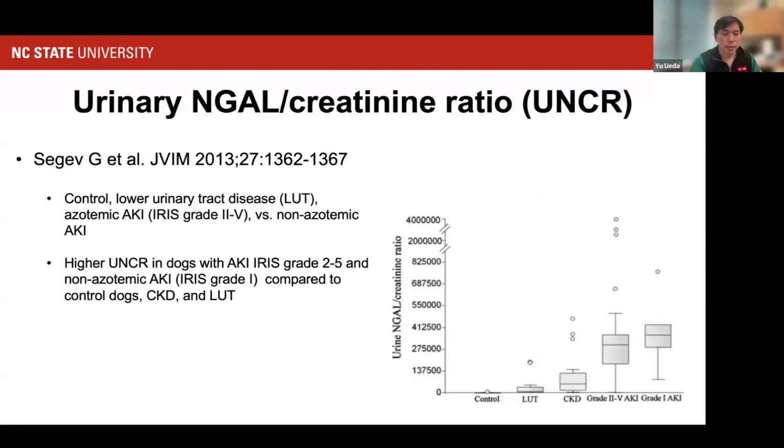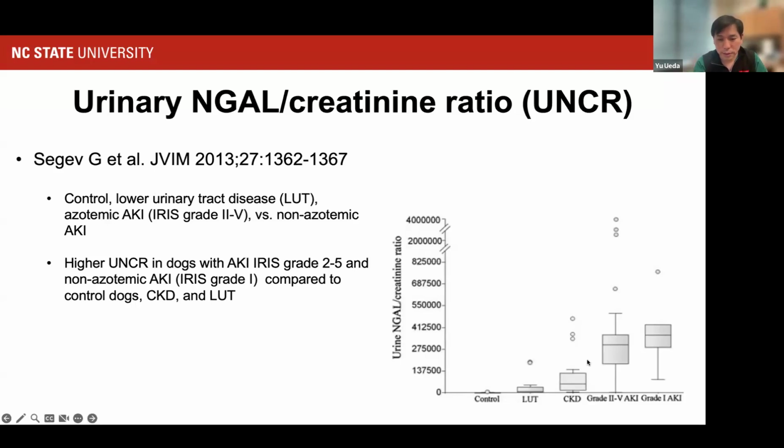But normalization to the urine creatinine concentration has still been investigated, and this is one of the studies, in 2013, showing that the urinary NGAL to creatinine ratio, or sometimes we call it UNCR, had significant elevation in AKI patients compared to the healthy control, patients with CKD, and also patients with lower urinary tract diseases.